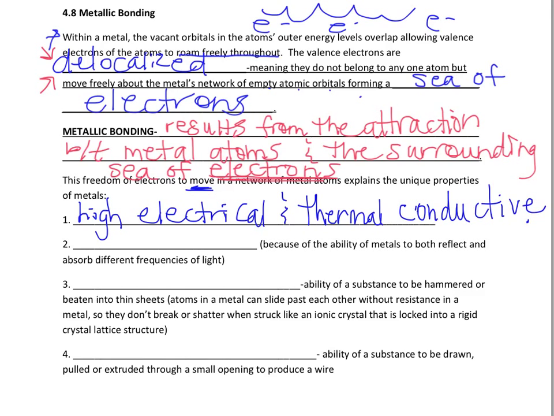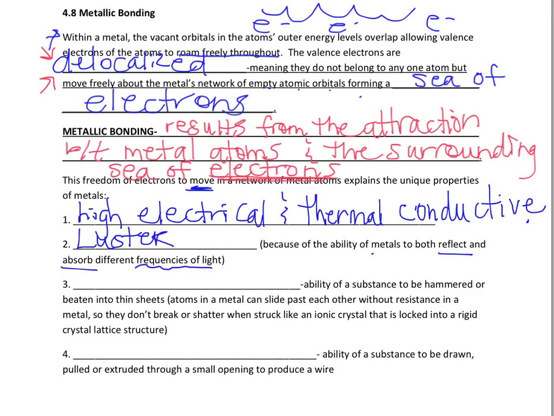But if you think about metals, you can think about that. That's why we cook with metals. That's why we use them in different types of insulation and thermoses and a lot of our applications of metals. Number 2, luster. We talked about the fact that metals are shiny, because of the ability of metals to both reflect and absorb different frequencies of light.